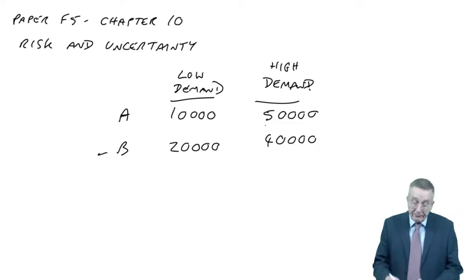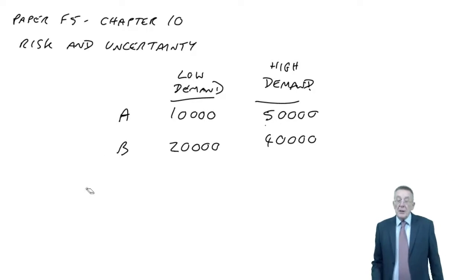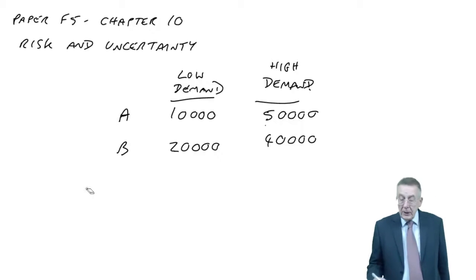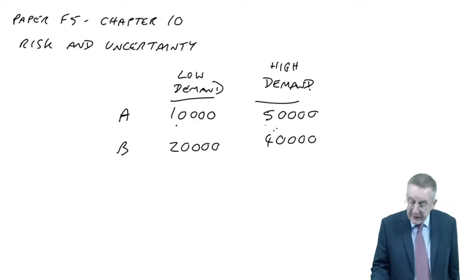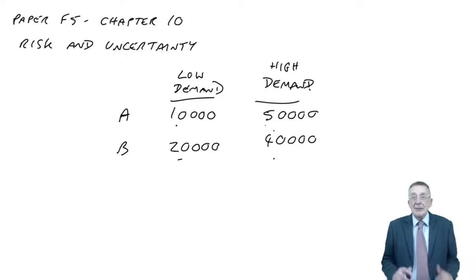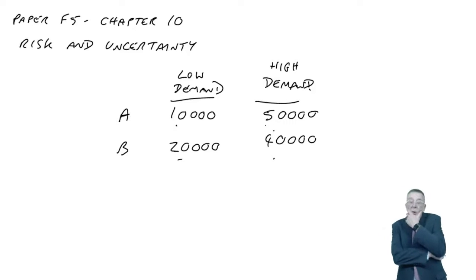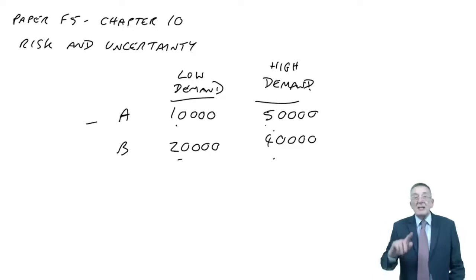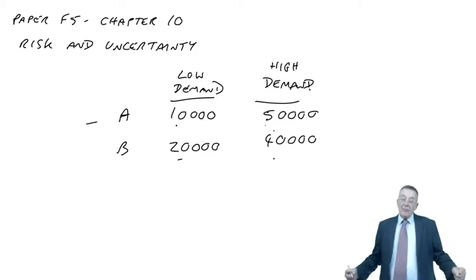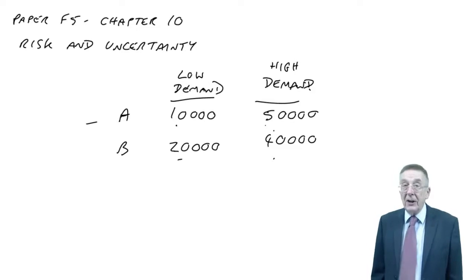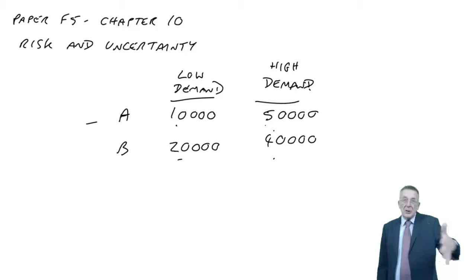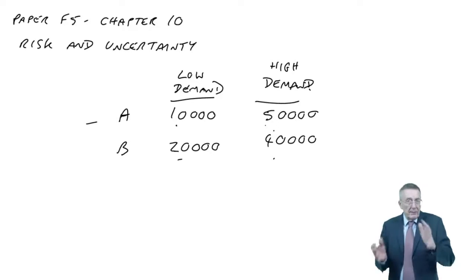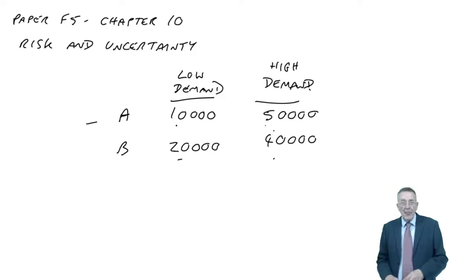On the other hand, if these were very small amounts, if this was just $10, $50, $40, 20, small amounts, I might say, oh, go on, I'll pick A. Because if I pick A, we may be lucky and get $50. And all right, I'm not too worried if we only get $10, the money involved is smaller.